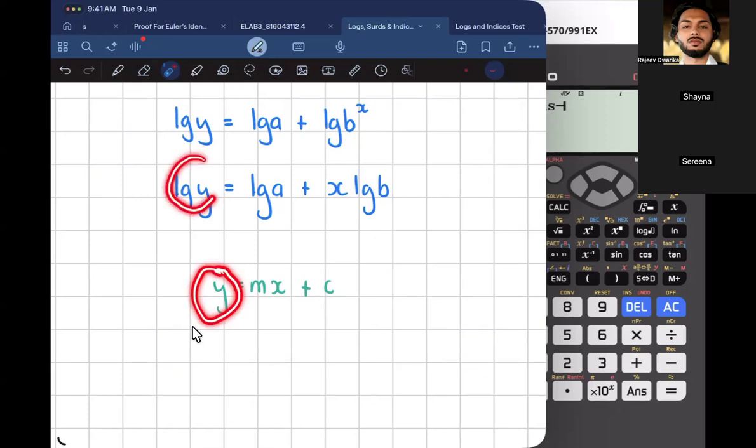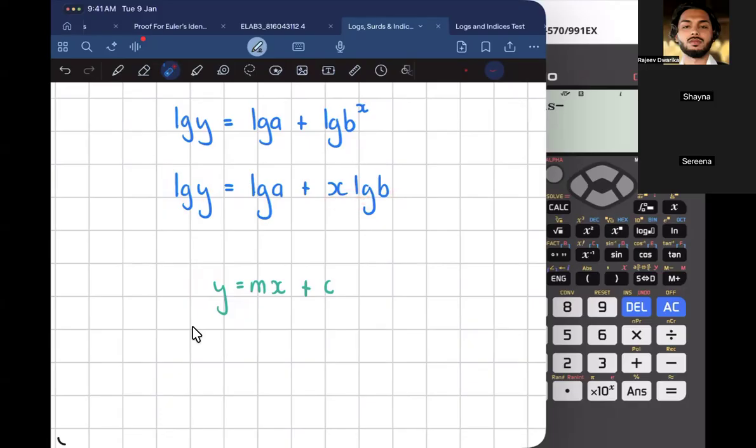Okay. Is log y a variable? Yes, because if I could change the value for y and get different output. Right? Look at where the mx is. Do you think this is the mx or this is the mx over here? The second one is mx.